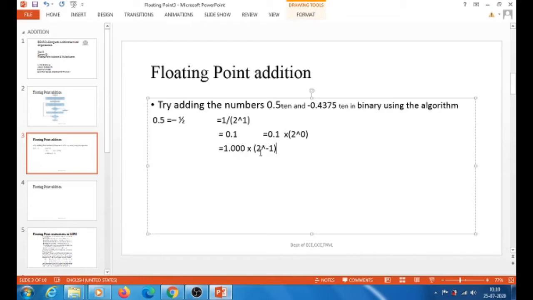So this is a binary shifting, and we represent this in 2 raised to minus 1. So 1.000 into 2 raised to minus 1.